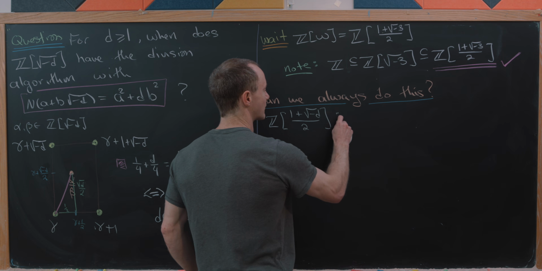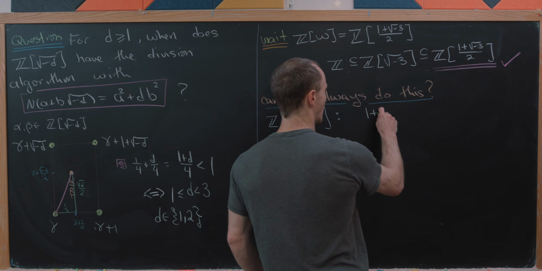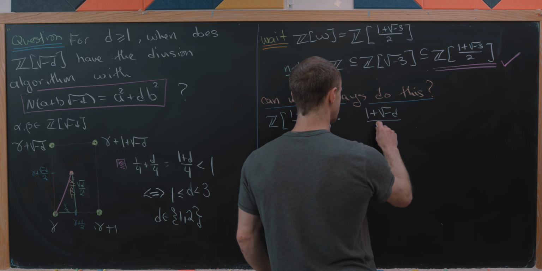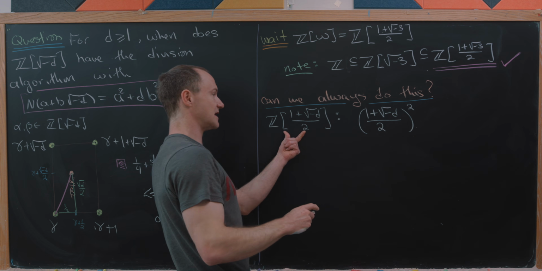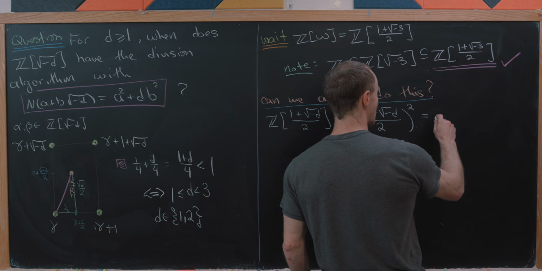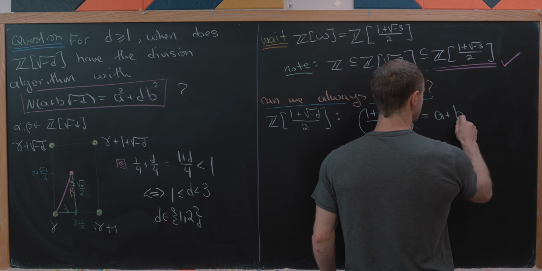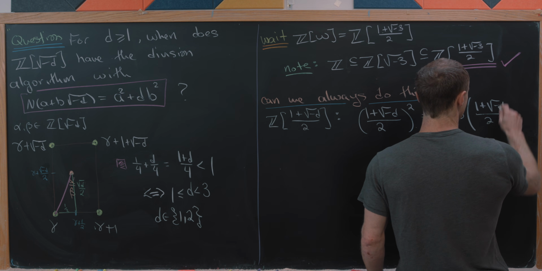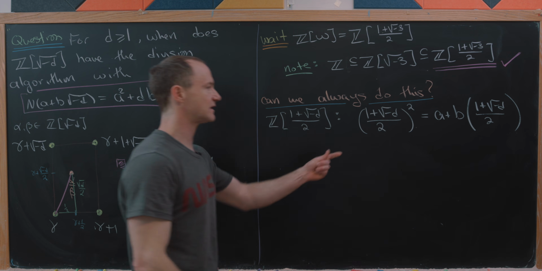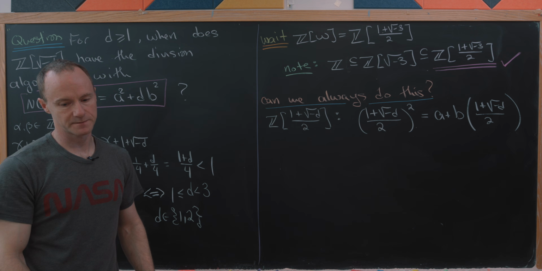And so what I really mean by that is I should be able to do (1 plus the square root of minus d) over 2, square it, land back here. But that means I should be able to write that as a plus b times (1 plus the square root of minus d) over 2, because everything in the ring is of that form.